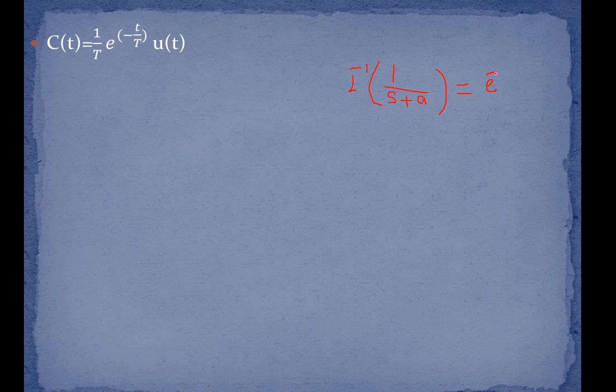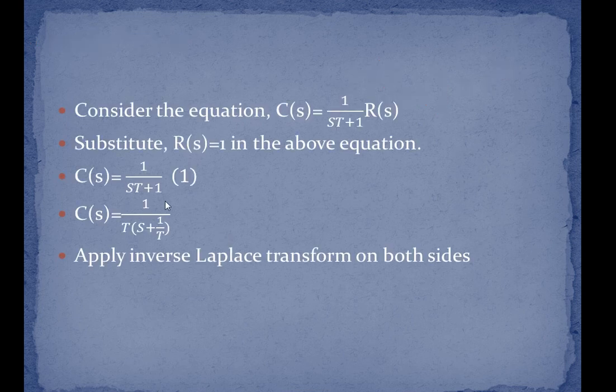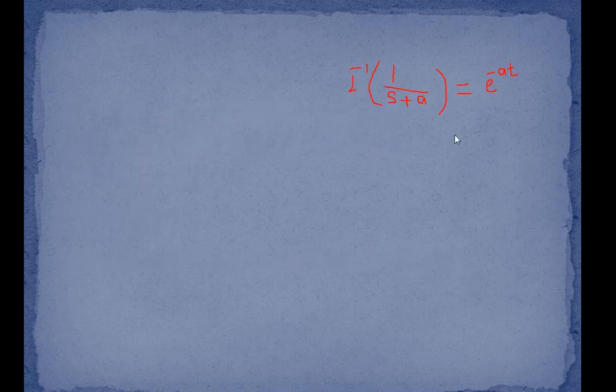This is the formula related to the inverse Laplace transform. So here I am applying the inverse Laplace transform of 1 by s plus 1 by t. In place of a, I am having 1 by t. That's why the equation is e power minus t by tau, or t by t.